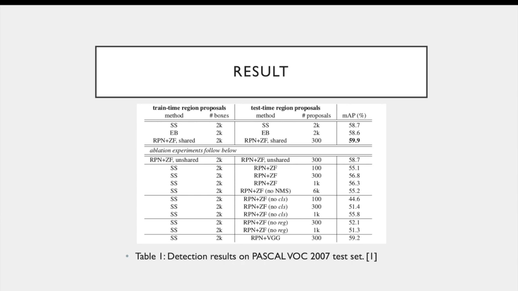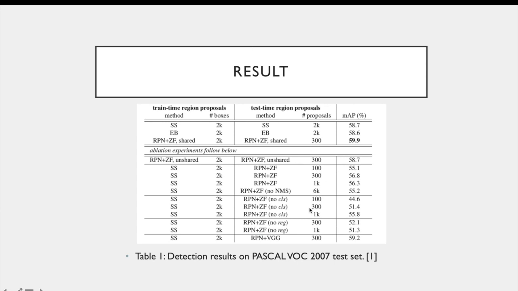For the ImageNet pre-trained network, they use the fast version of ZFnet that has 5 convolution layers and 3 fully connected layers, and the public VGG model that has 13 convolution layers and 3 fully connected layers. They use the mAP, known as mean average precision, which is a metric used to evaluate object detection.